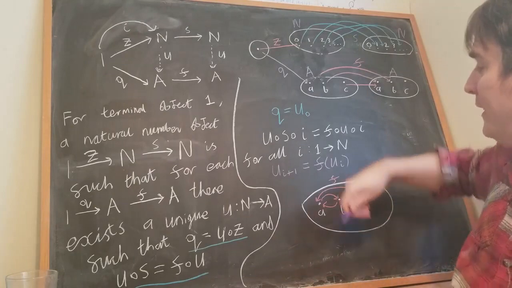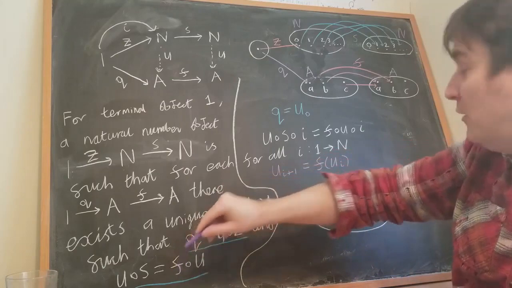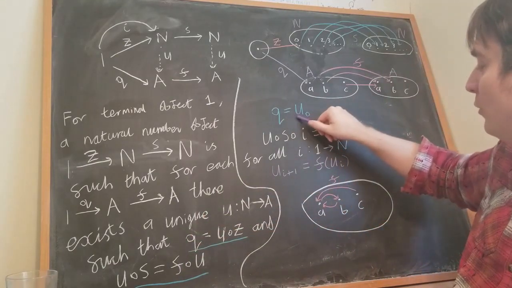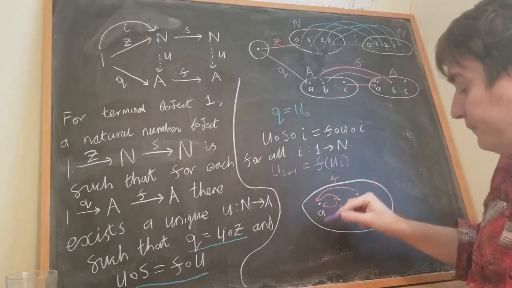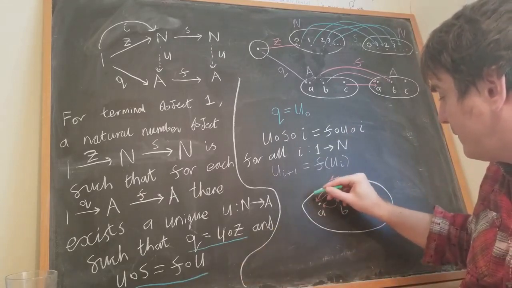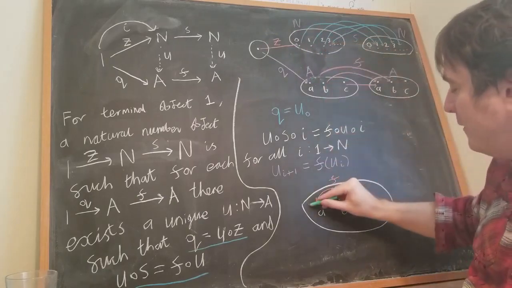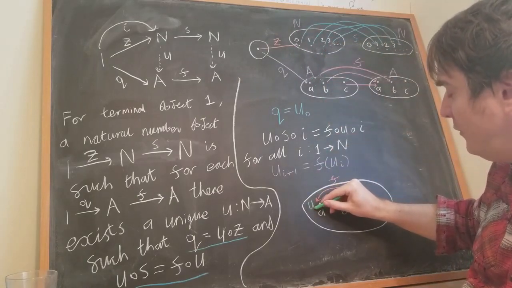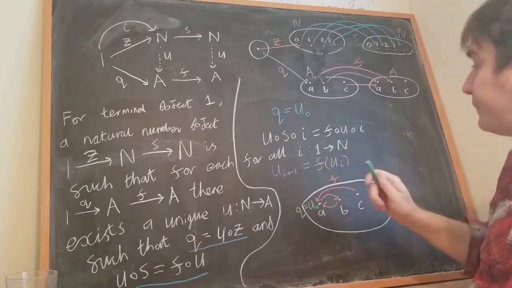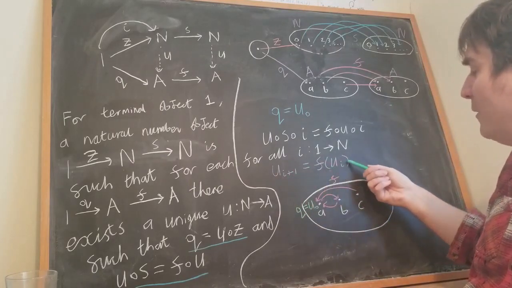We can see that the u that satisfies these conditions is uniquely defined. We need q equal to u of 0. In this picture q is picking out element A, so q is u of 0. And we know that u of I plus 1 is f of u of I.